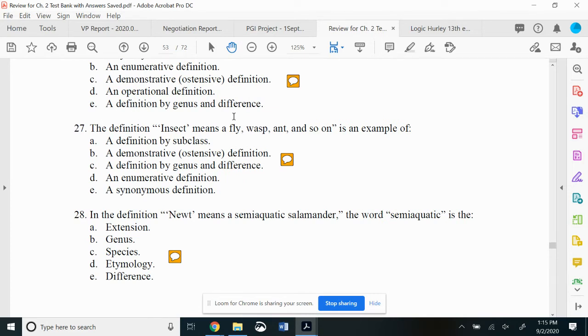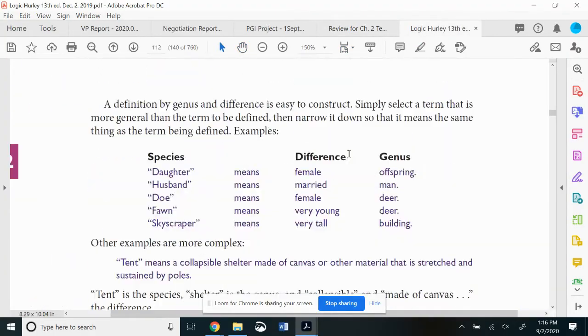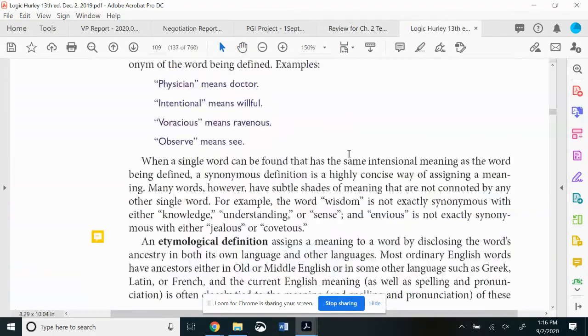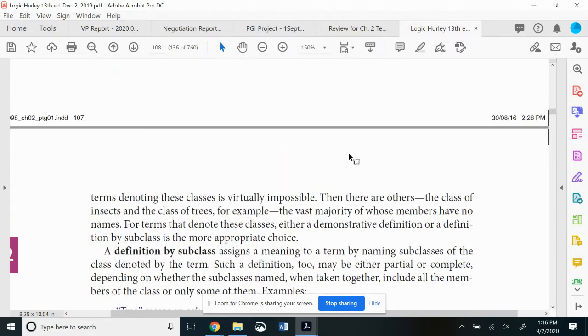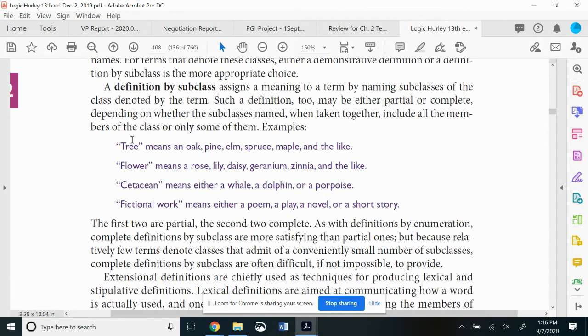27. Definition: insect means a fly, wasp, ant, so on. Now, is it giving you very specific names? No, it's giving you general names to describe insect. When Hurley does that, I give you very general names. It looks like I'm looking in the area of, yes, subclass.